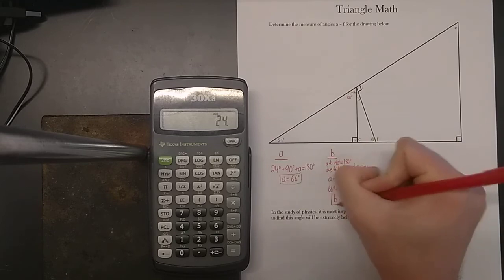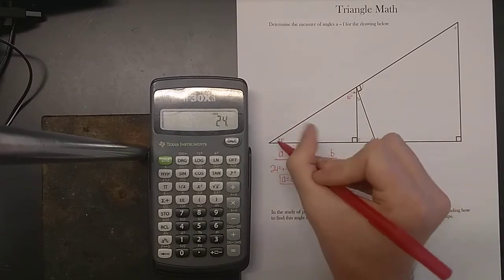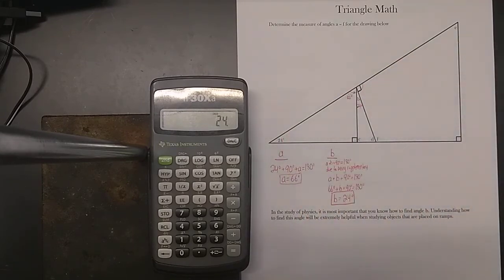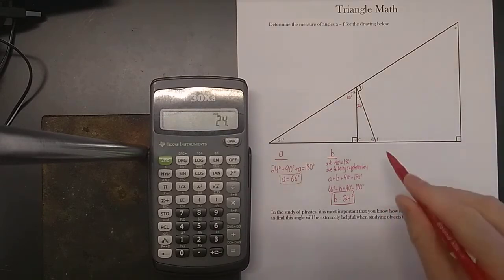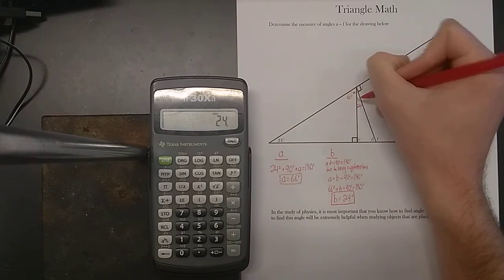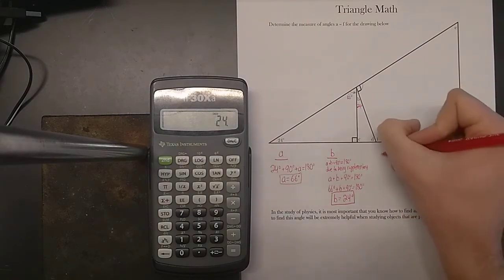Where have we seen 24 degrees before? We saw it right down in the angle we were initially given. That's the most important thing that I want to show you here, but we're going to keep going and find C, D, E, and F. It turns out that this angle right here is the most important angle that you need to be able to find, and you'll see why when we do our actual notes on ramps. But for now, let's continue on.